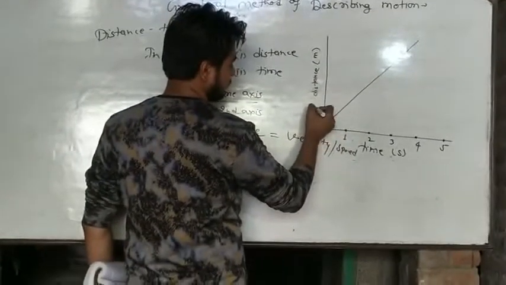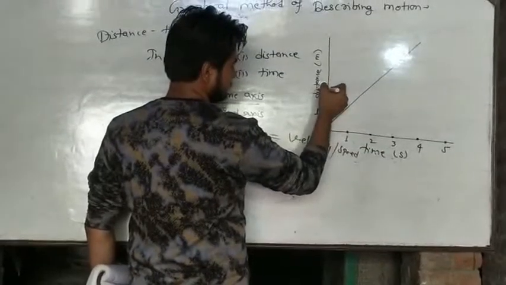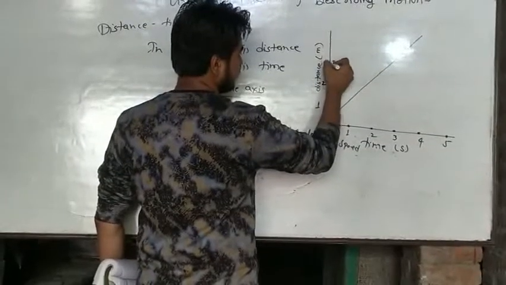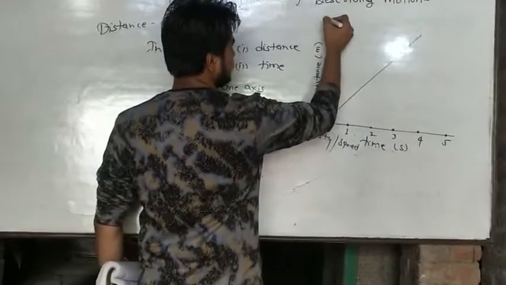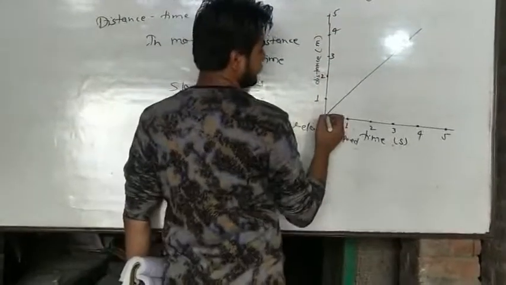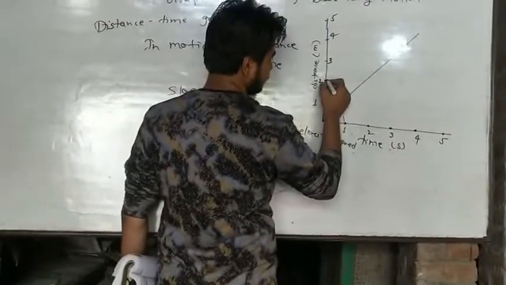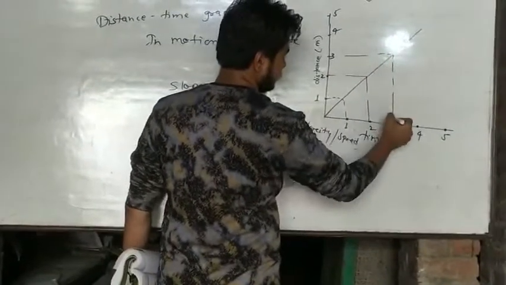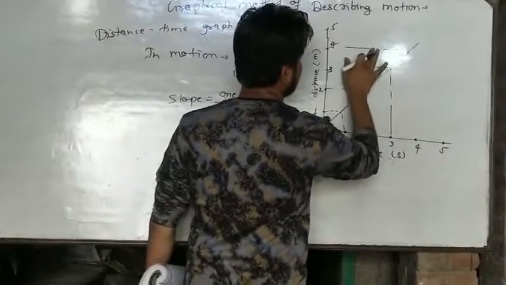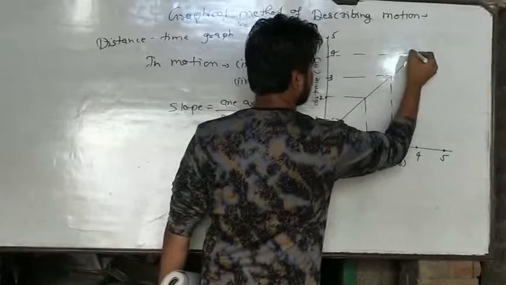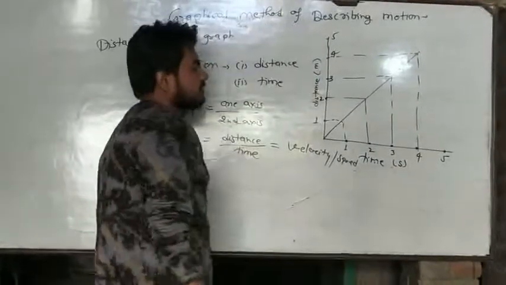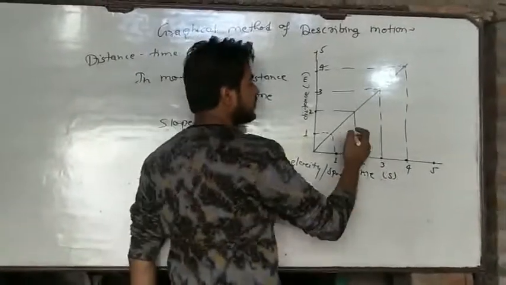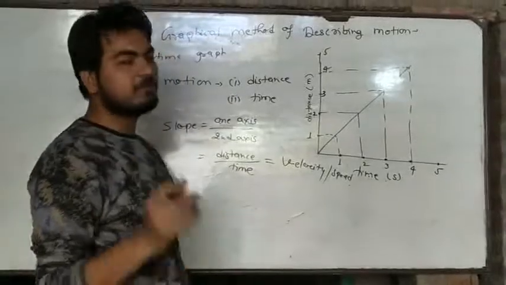Same, 1, 2, 3, 4, and 5. Here the slope is constant, so this is representing uniform motion.